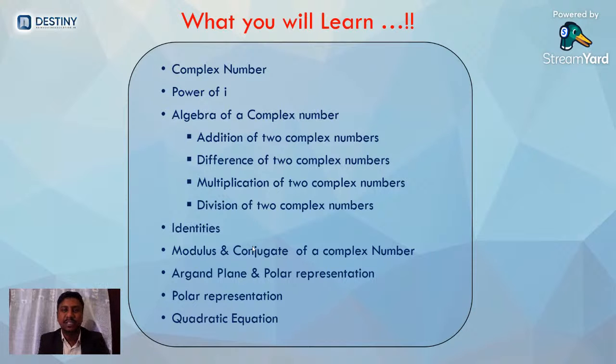So these four operations, how we are going to do them in complex numbers, and identities, modulus and conjugate of a complex number, Argand plane and polar representation, quadratic equation. This is what we are going to learn in today's class.